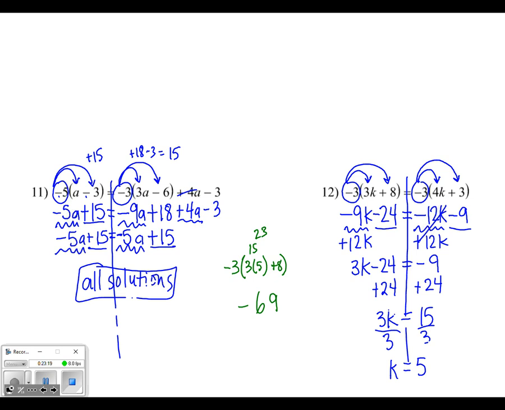Every junior high boy's favorite number. That's awesome. Okay. 4 times 5 over here. So I got -3 times 20 plus 3. Yep. -3 times 23 is -69. They're the same. So k equals 5, and that's it, guys.